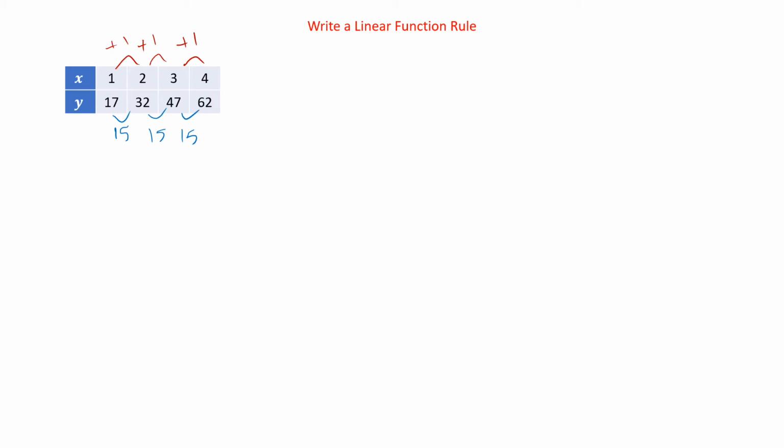In fact, more than that, the slope will be the change of y divided by the change of x. The slope is going to be 15 over 1 in this case. Now, it is possible to have them go up by different amounts.